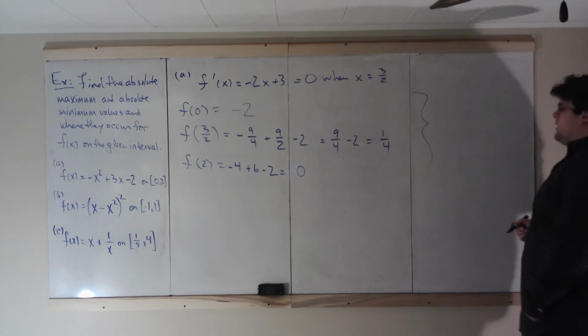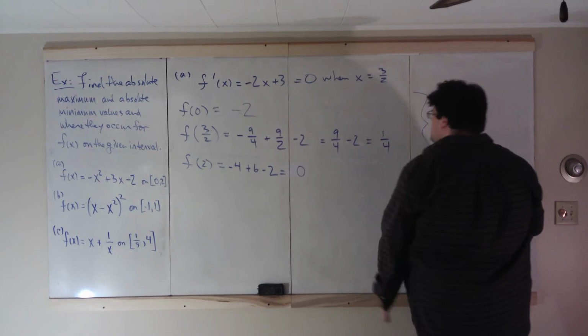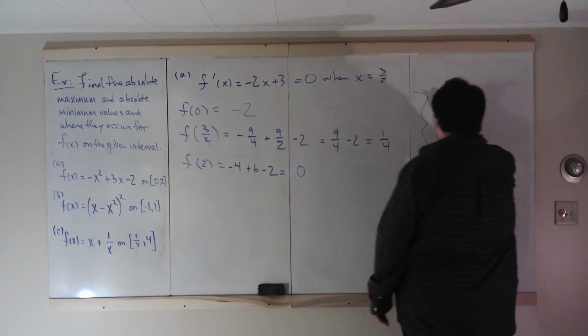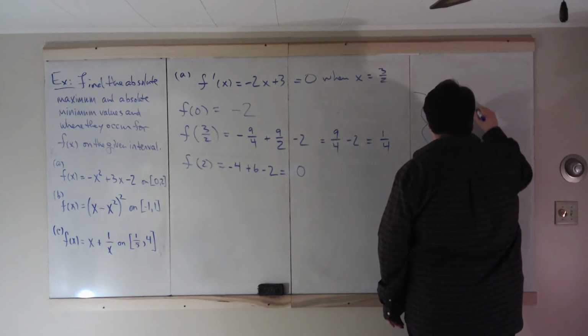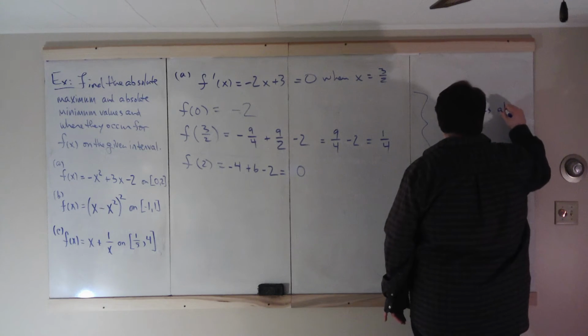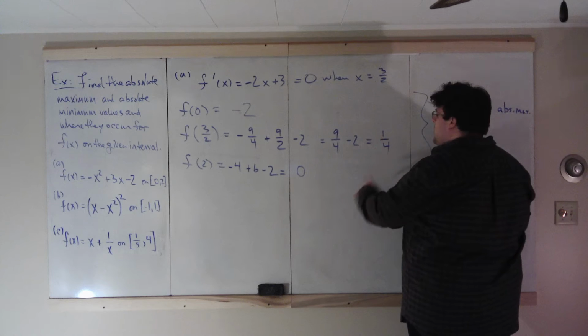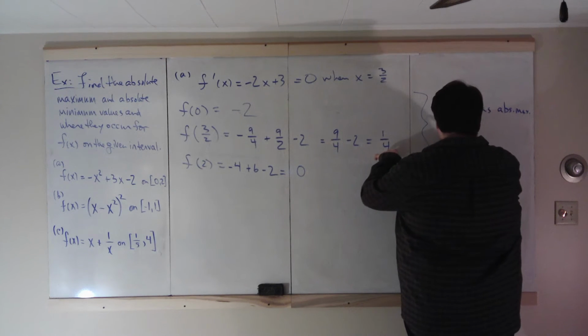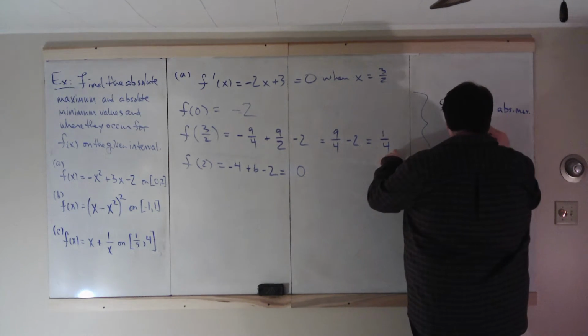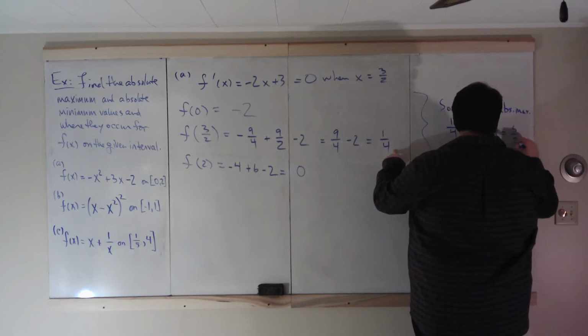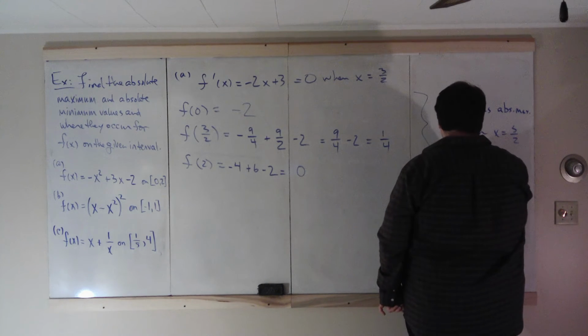But what are we doing here? We need the largest value and the smallest value. So f of x has absolute maximum. The largest value is a quarter when x equals 3/2, and it has absolute minimum.